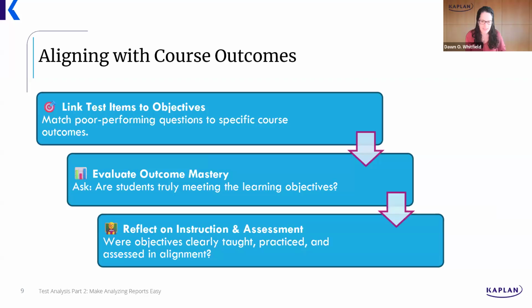If students miss several questions tied to the same outcome, it suggests a gap in either instruction or learning. Evaluate outcome mastery. Ask yourself, did the students meet this objective? And if not, is the problem with the student, the instruction, or the test item itself?